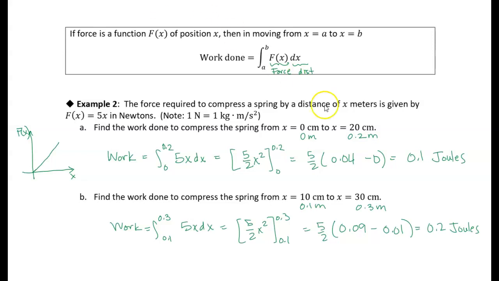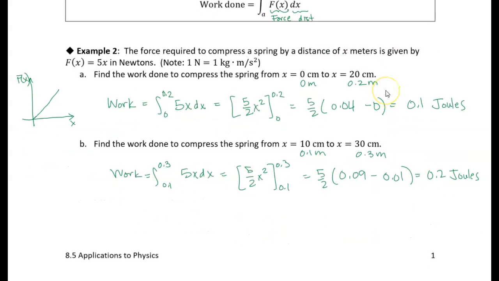So a couple things to be aware of when you're doing these problems is that you've got to watch your units. Now I'm going to write this down here just so you have it. A Newton is a kilogram meter per second squared. So if you're working with newtons, you want everything to be in kilograms, meters, and seconds.